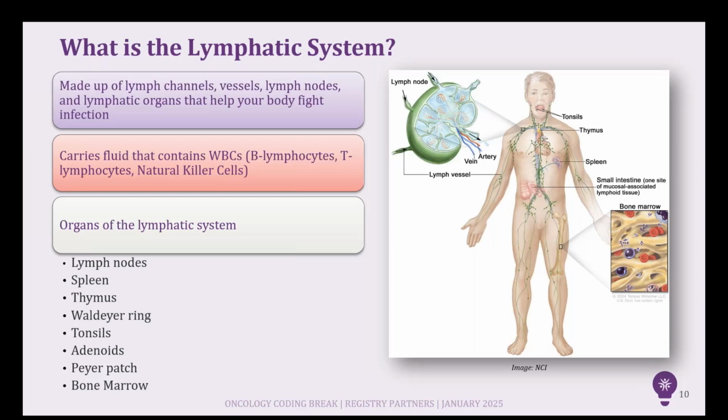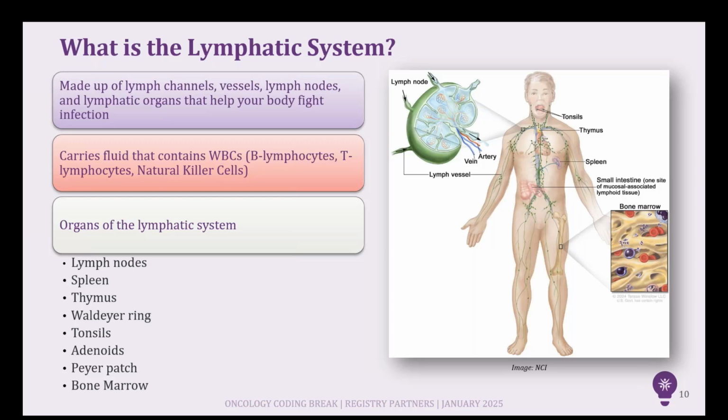We have lymph nodes, the spleen, thymus, Waldeyer's ring, which is a ring of lymphatic tissue in the back of the throat that includes your tonsils and adenoids, Peyer's patches, which are clusters of lymphatic tissue that are found in the walls of the small intestine, and these help monitor and protect the digestive system. And lastly, bone marrow.